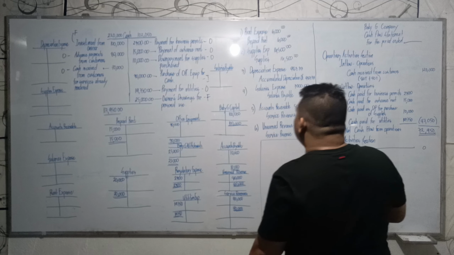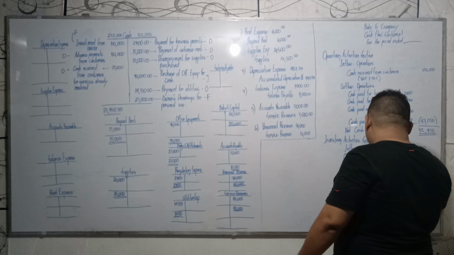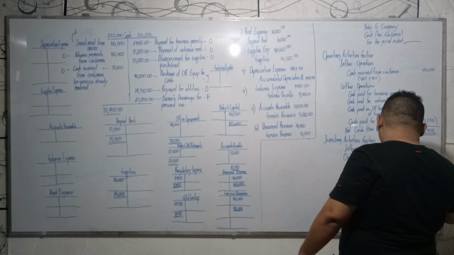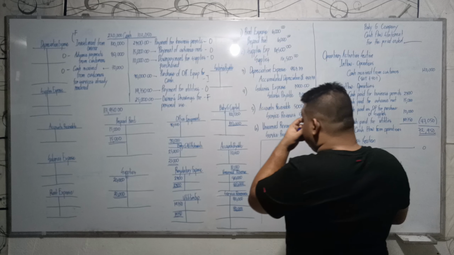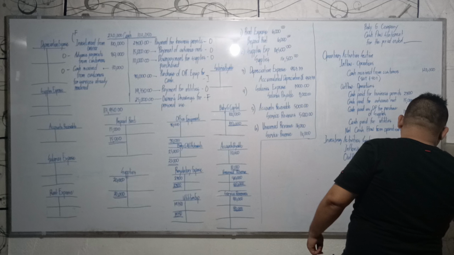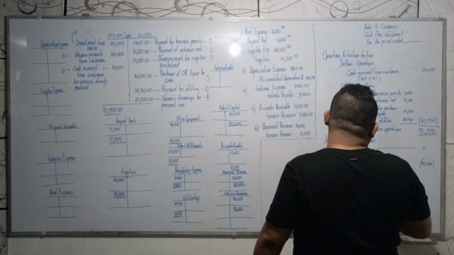It's only one, purchase of office equipment. Purchase of equipment, 30,000. That's it.